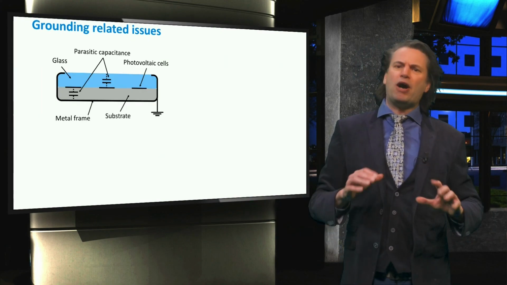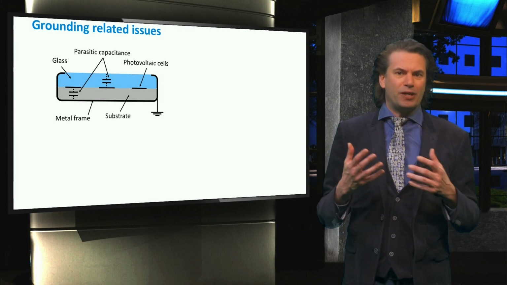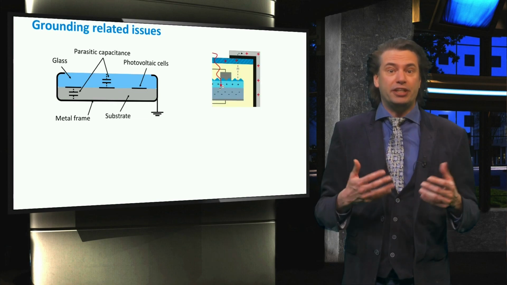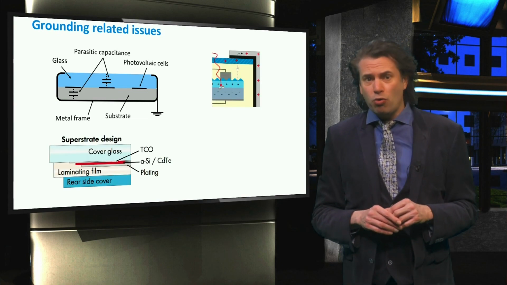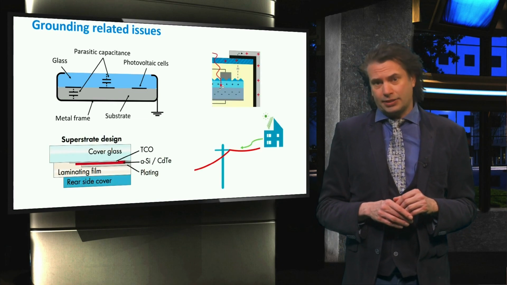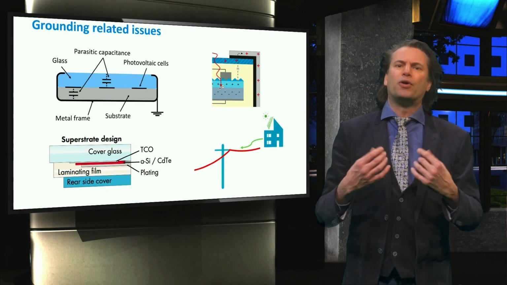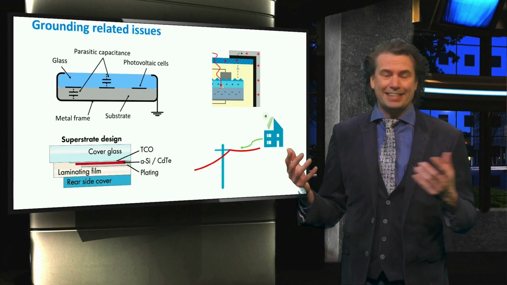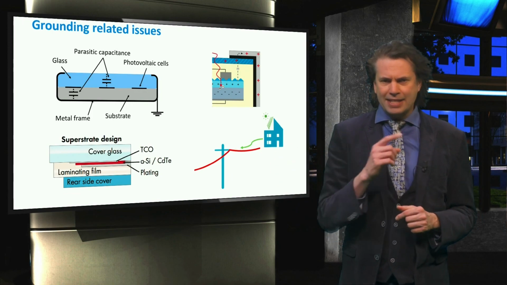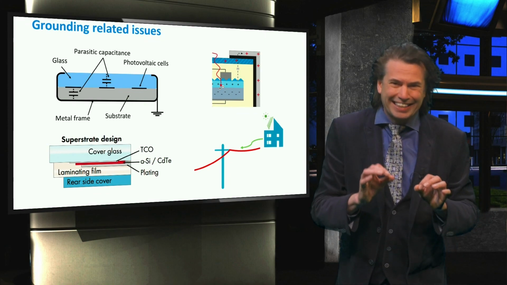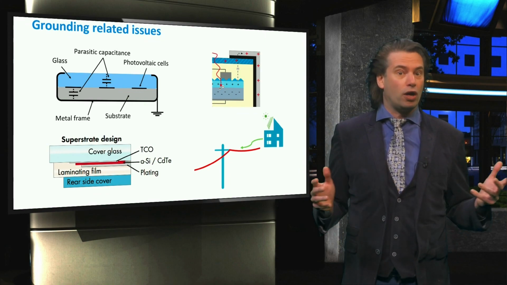Finally, we learned about different types of grounding-related issues, including potential induced degradation, TCO corrosion, and islanding. The characteristics of the inverter are important to avoid or mitigate these issues. Hence, this should be taken into consideration at the time of selecting the appropriate inverter for a system.